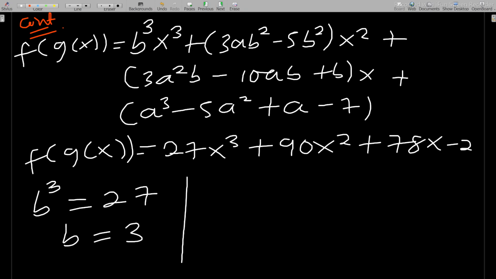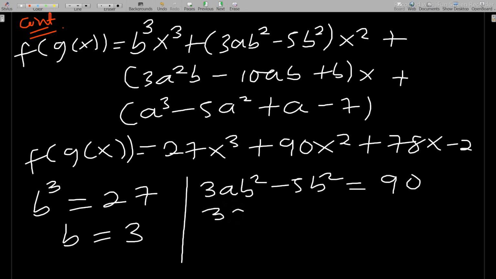Now with the x squared component, we know that 3ab squared minus 5b squared should be equal to 90. So I have 3a into 9 because b is 3, so square it again, 9, minus 5 into 9 should be equal to 90.